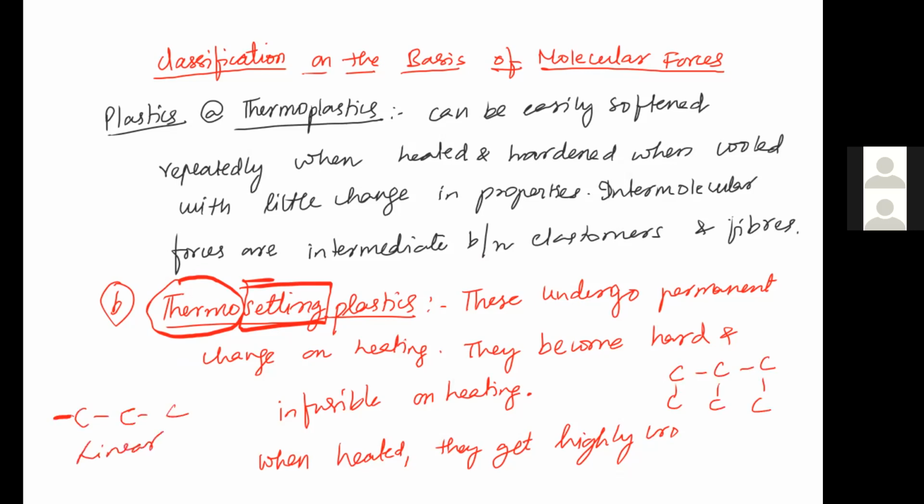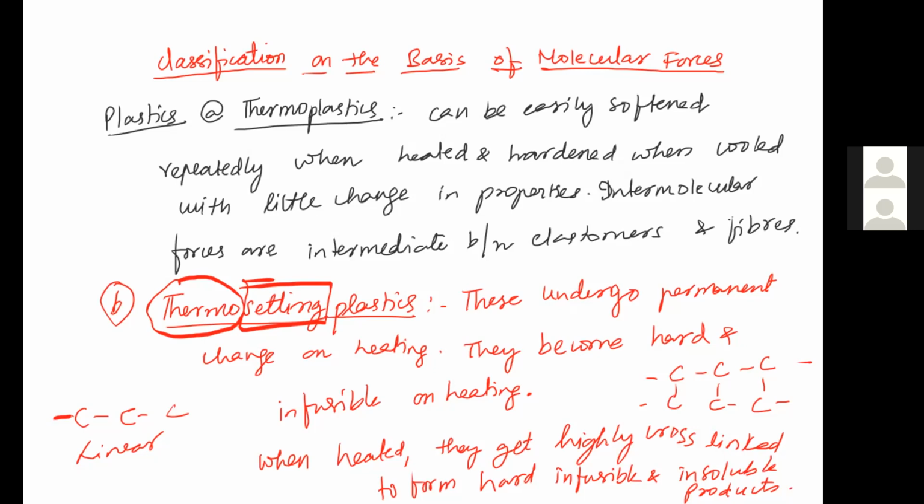Cross-linked is you have one linear chain, another linear chain, they are cross linked. So they get highly cross-linked to form hard, infusible and insoluble products. This is about the two types of plastics, and this classification of polymers is done based on molecular forces.